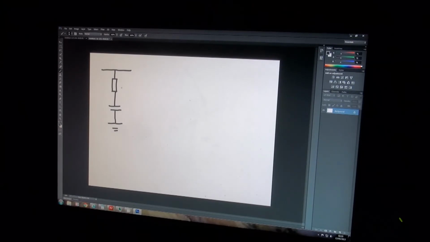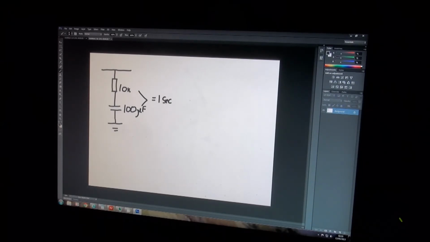So if, for example, R was 10k and C was 100 microfarads, then together these two would have a time constant of 1 second.